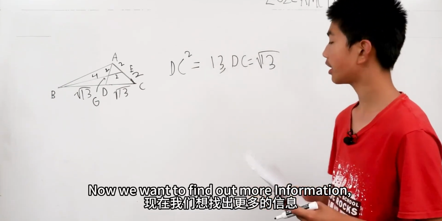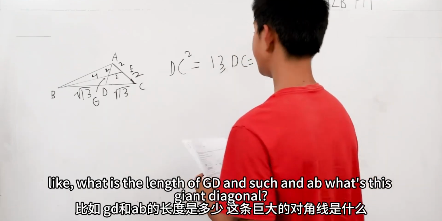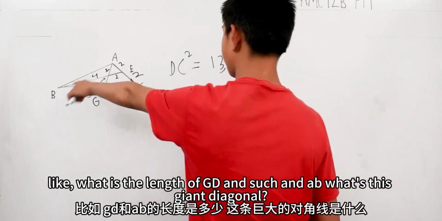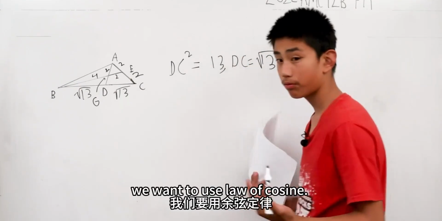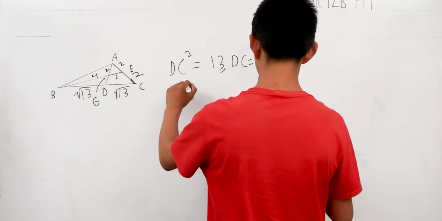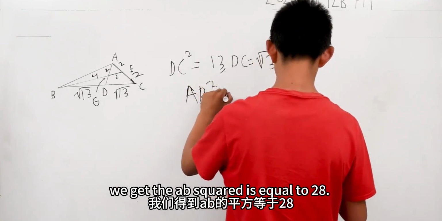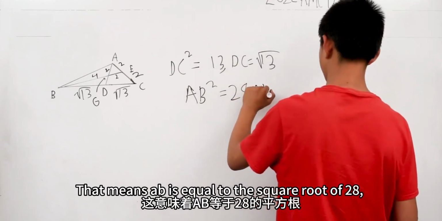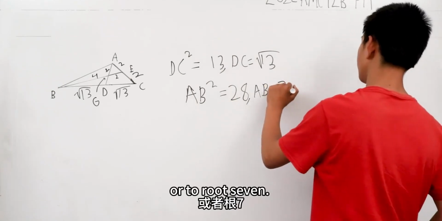Now we want to find out more information, like what is the length of AB? Well, again, we want to use law of cosines, and since it's a giant triangle, we get that AB squared is equal to 28. So that means AB is equal to the square root of 28, or 2 root 7.